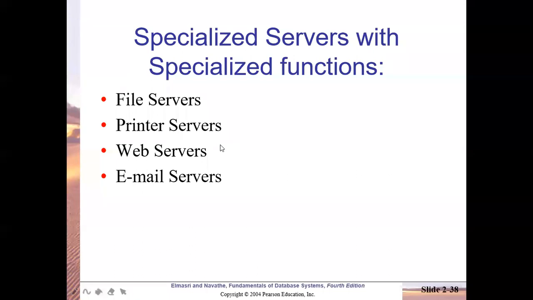And in case of servers, again, the distribution of work may be based on specialization. Like there could be one PC dedicated specially to serve the file service related operations. Then one server can be dedicated to handle print related services. Another server may be dedicated for web related services, email servers, etc.